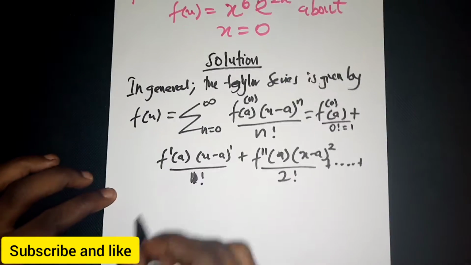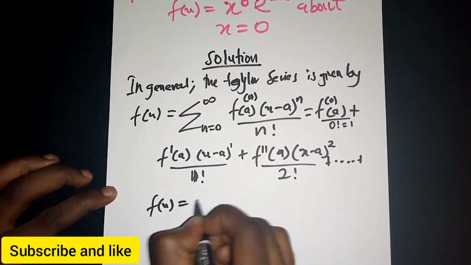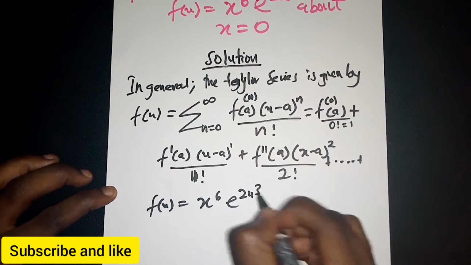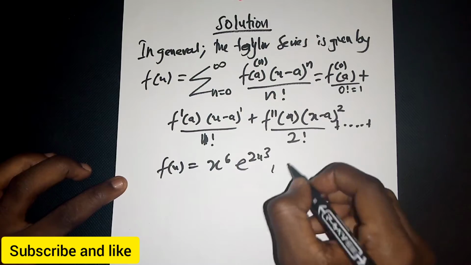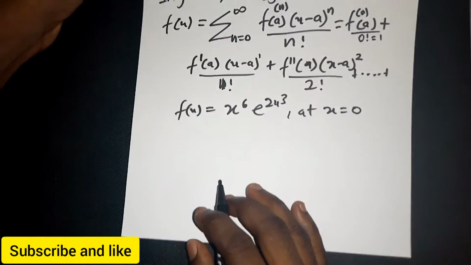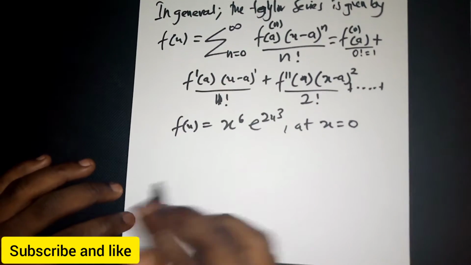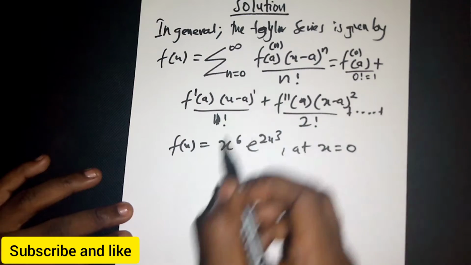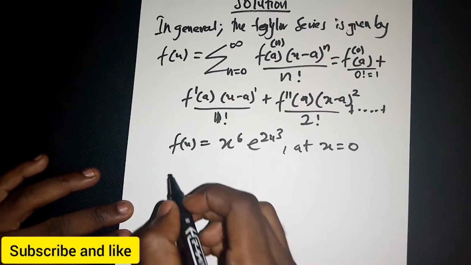So from the question where we have f of x being equal to x to the power 6 e to the power 2x cube, at x being equal to 0, what we have to do is look at the general series over here, then we can write it out.